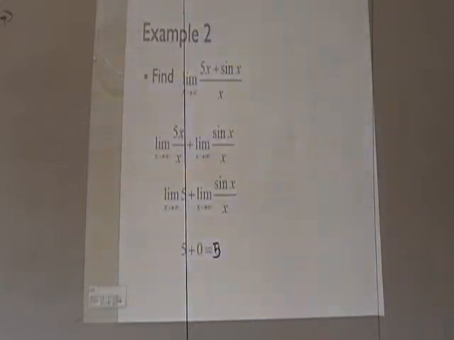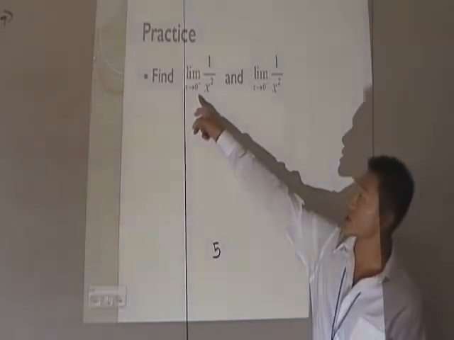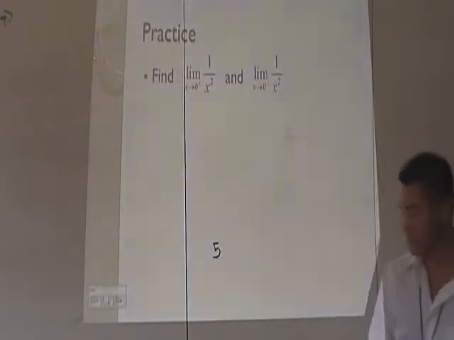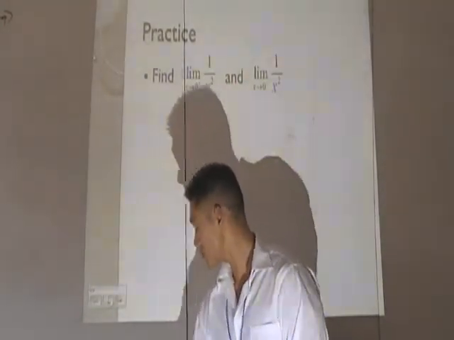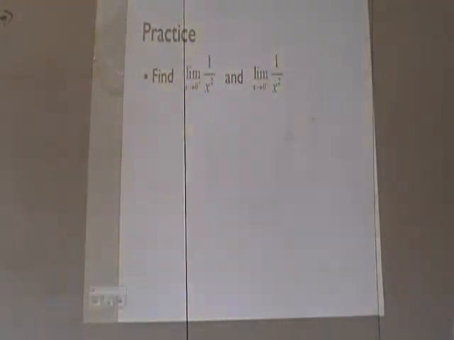Okay, so you want to simplify when you can. Anyone want to comment? Okay, try this. Find the limit of that as x approaches 0 from the right, and then as x approaches 0 from the left. You're not just going to be able to plug it in here.